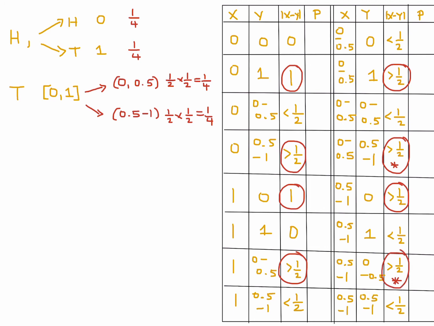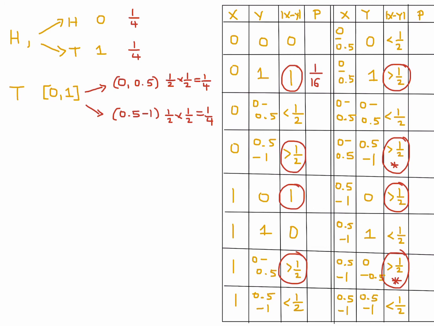Okay, so now we have to fill out this column here. The probability is calculated as follows. What is the probability of choosing that x, and what was the probability of choosing that y? The probability of getting that 0 is a quarter, and the probability of getting this 1 is a quarter. So you have to multiply a quarter by a quarter, and that's 1 over 16.